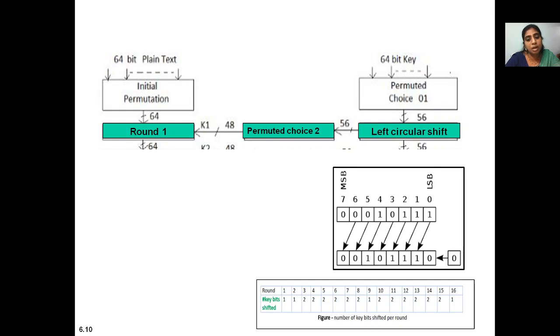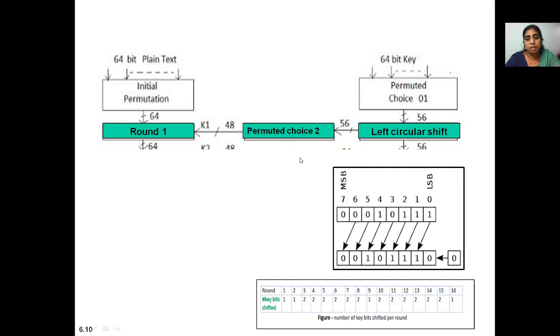If it is round 1, we shift by only 1 bit. If it is the second, then also we shift by only 1. If it is the third round, then we shift by 2 bits. Similarly, the 1 bit shifting is for rounds 1, 2, 9 and 16, and in all other rounds we shift by 2 bits.